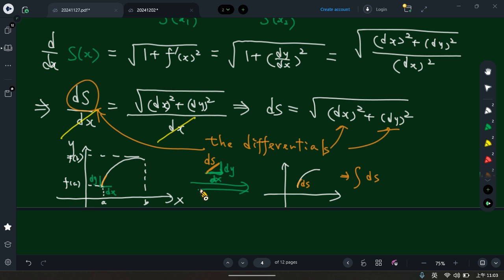But I want you to keep in mind that we not just have dx for the x direction and dy for the y direction for very small changes, but we also have ds to represent a very small change following the arc length.